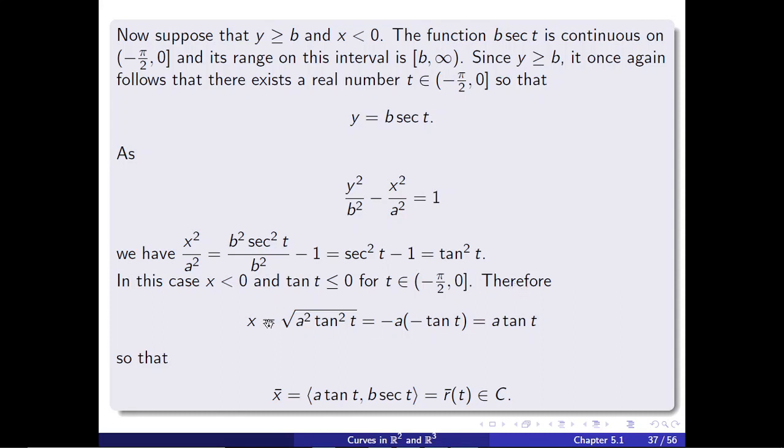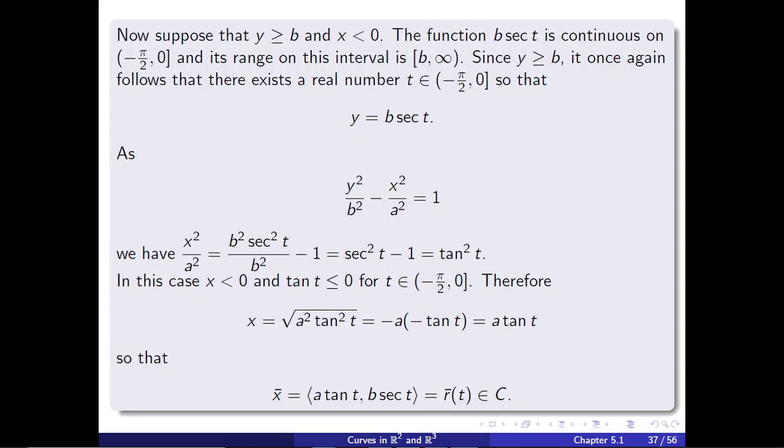Therefore, x will be equal to minus the square root of that, which is minus tan t, which is just the positive of tan t.